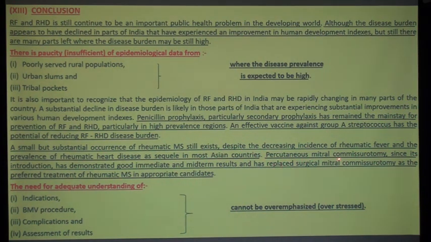Percutaneous mitral commissurotomy since its introduction has demonstrated good immediate and mid-term results and has replaced surgical mitral commissurotomy as the preferred treatment of rheumatic mitral stenosis in appropriate candidates.